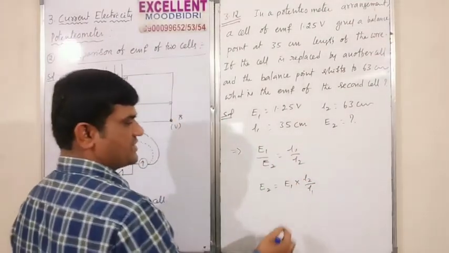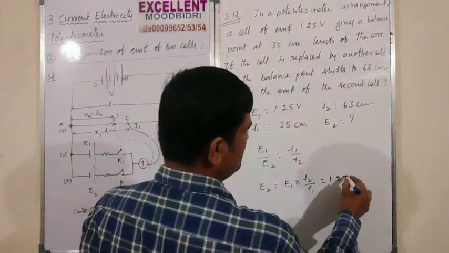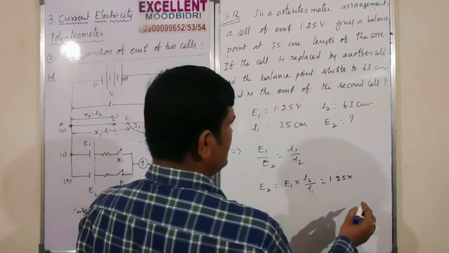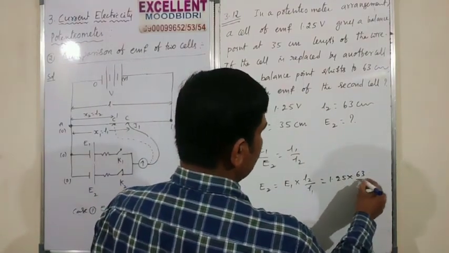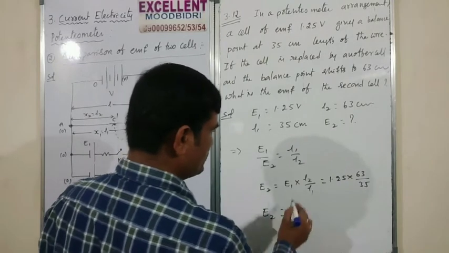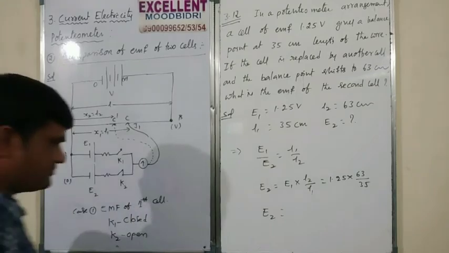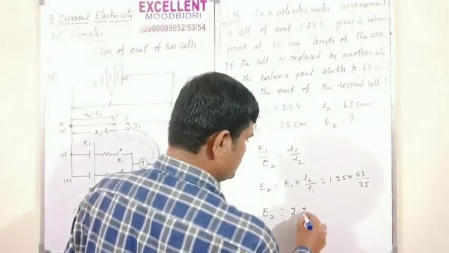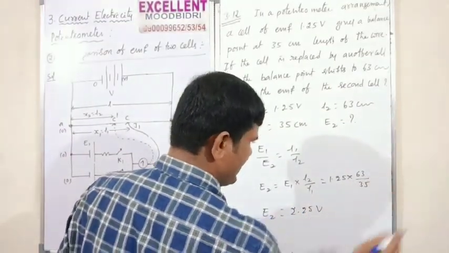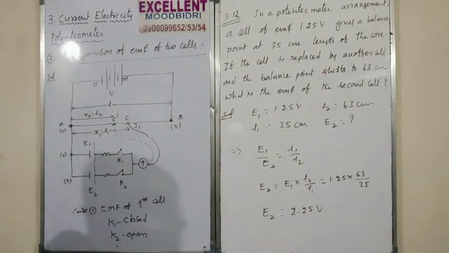Substitute values: 1.25 into 63 by 35. Centimeters cancel, and if you do the calculation you will get 2.25 volts. This is the comparison of two cells.